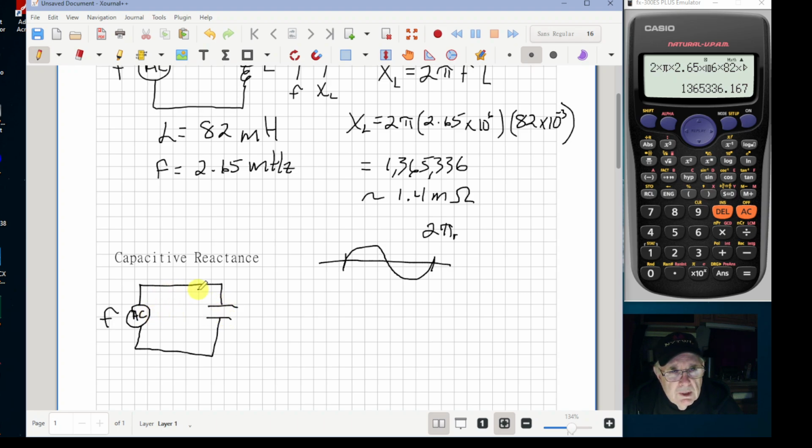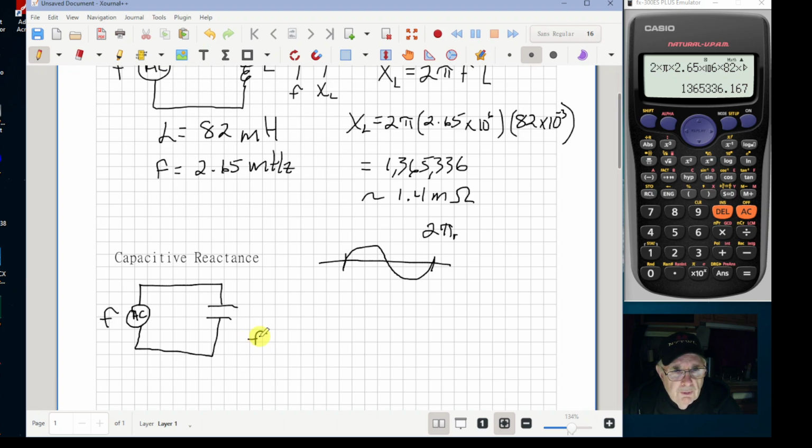At low frequency, the time that it takes to charge up is longer than if we increase the frequency, where this is bouncing back and forth to the point where this appears to be a short.